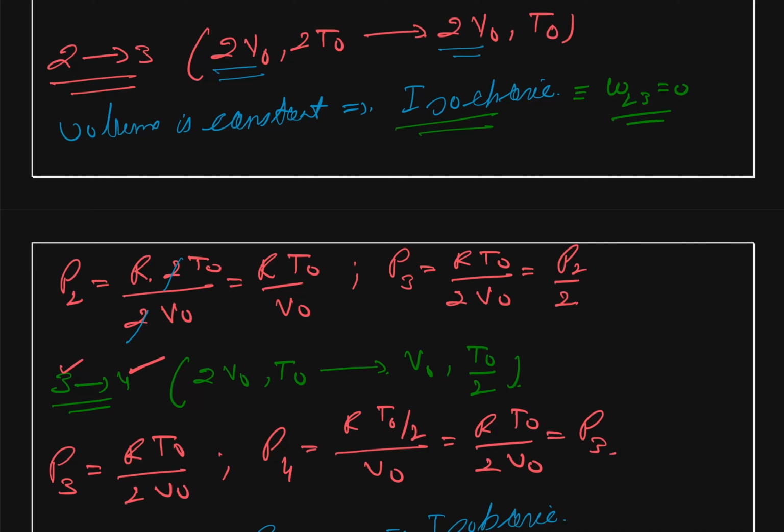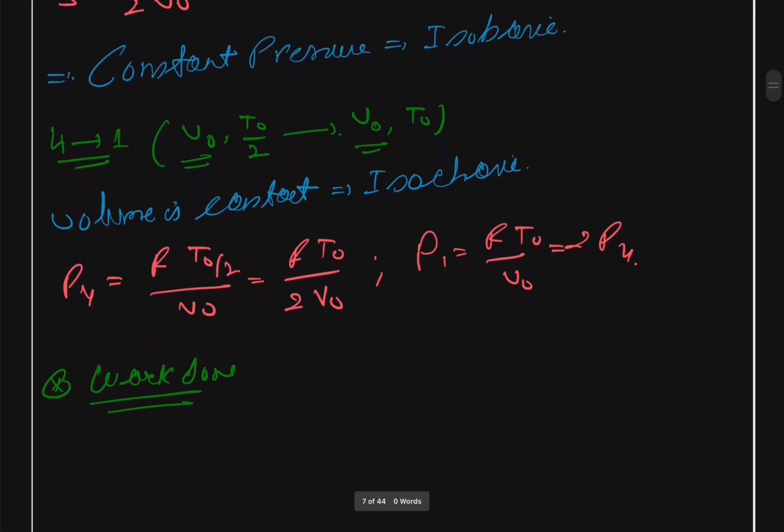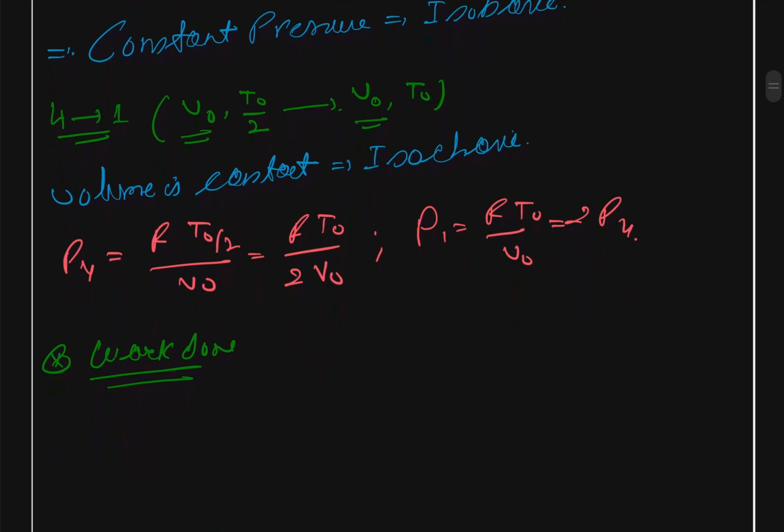Since it is isochoric, there is no volume change, so this is equal to 0. Similarly, work done for 4 to 1 will also be equal to 0. So the work done will be only for the 1 to 2 and 3 to 4 processes.